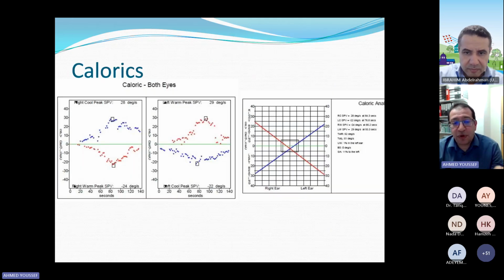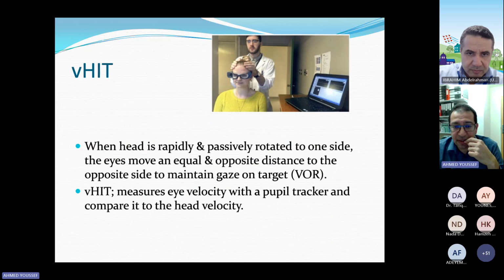And before we move on, the calorics, as you all know, test the lateral semicircular canal. But the calorics are what we classify as a slow stimulation. And it is different from what we're going to discuss next, which is the video head impulse test. So the VHIT is the computerized testing, similar to the head thrust sign that we just saw the video for, and it tests the semicircular canals at a more rapid, higher frequency compared to the calorics.